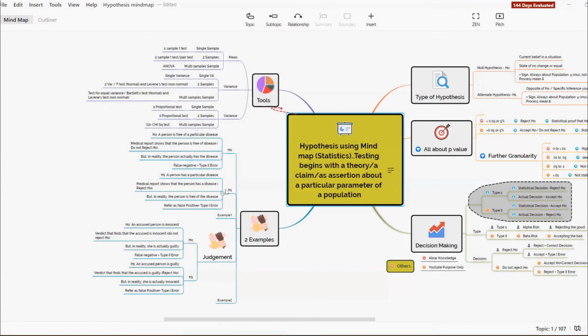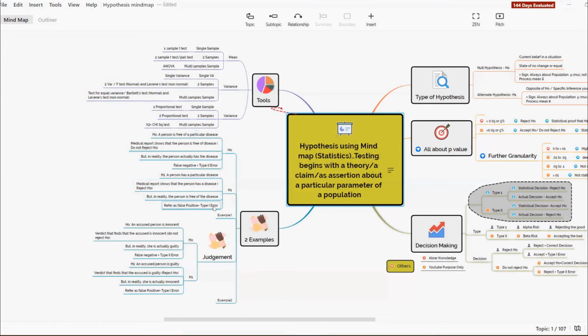Let's talk about the alternate one. The null hypothesis is always a state of innocence: a person is free of a particular disease. Now we start with the belief that a person has the disease, and the medical report shows that the person has the disease. That means we reject the null hypothesis. But in reality, the person is free of the disease.